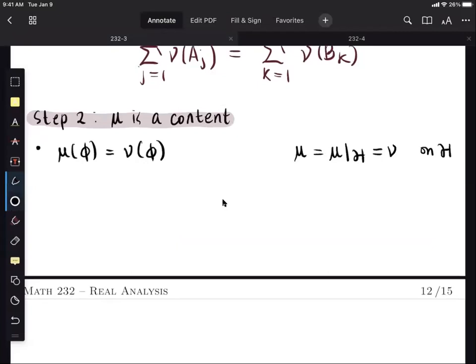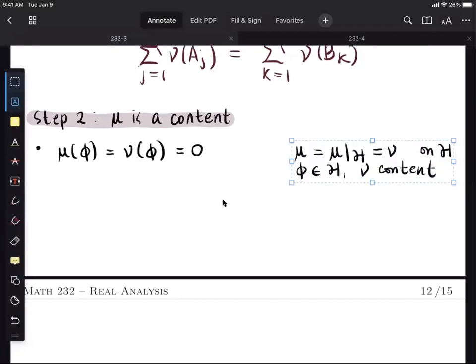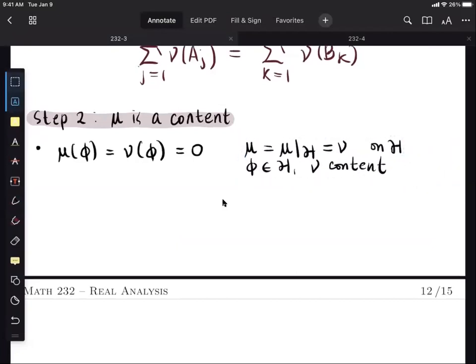And from the first property of a semi-ring, take note that the empty set is always in a semi-ring. Since nu is a content, this is 0. Okay. So let us add that there. The empty set is in H, and nu is a content. Okay, so that's the first part.